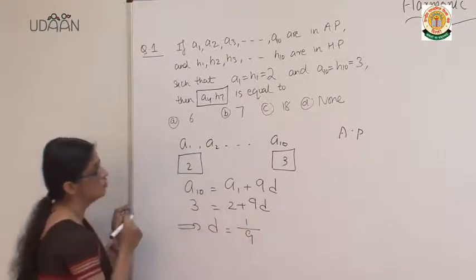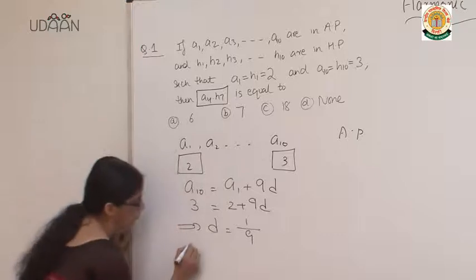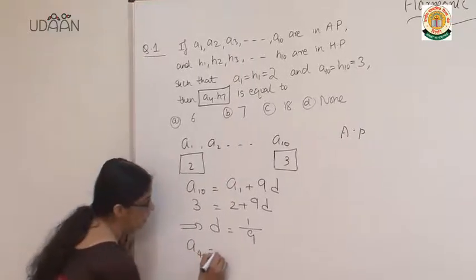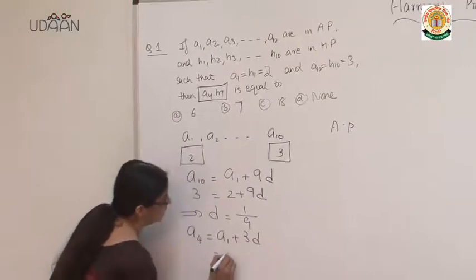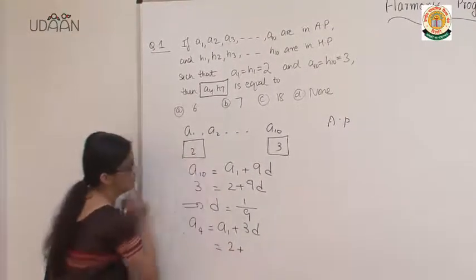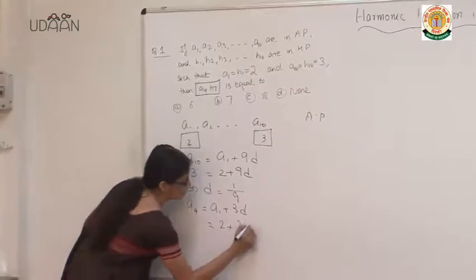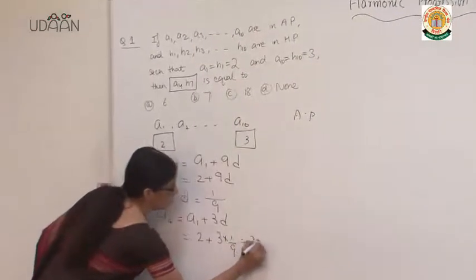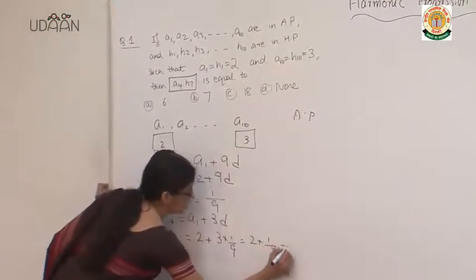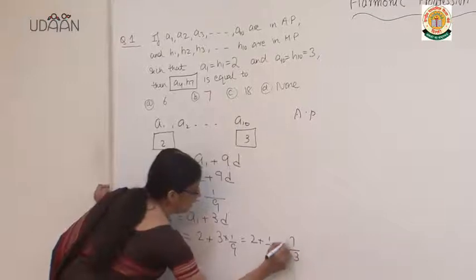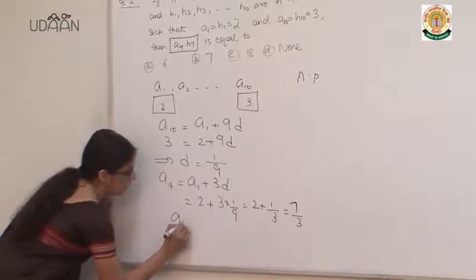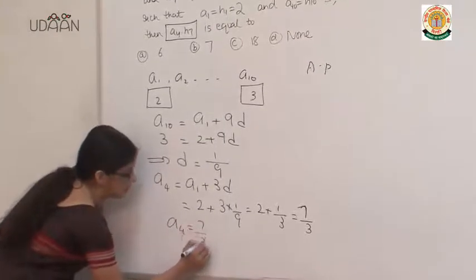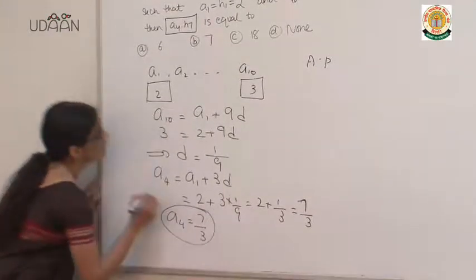We need to find the value of A4. A4 equal to A1 plus 3D, which is 2 plus 3 times 1 by 9, 2 plus 1 by 3, which is equal to 7 by 3. So, we got the value of A4. A4 is 7 divided by 3.